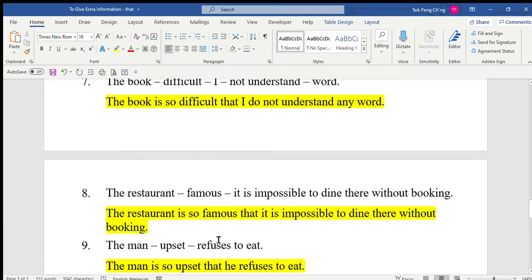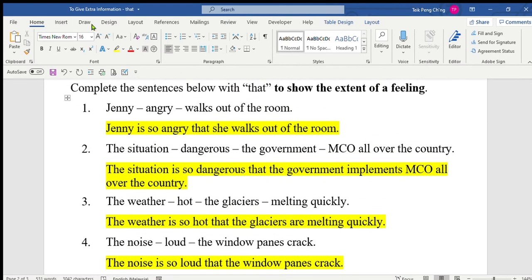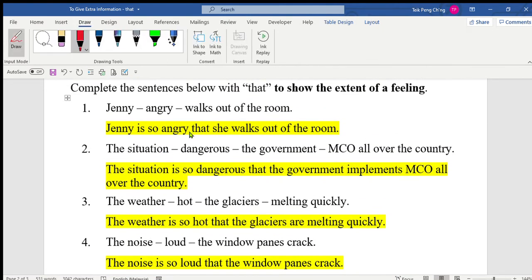So I would like to bring attention to the that clause again. Remember, the that clause tells us the extent of a feeling. Let's go through number 1 again. Jenny is so angry. And then we want to explain further about how angry Jenny is. So we use the that clause, that she walks out of the room.